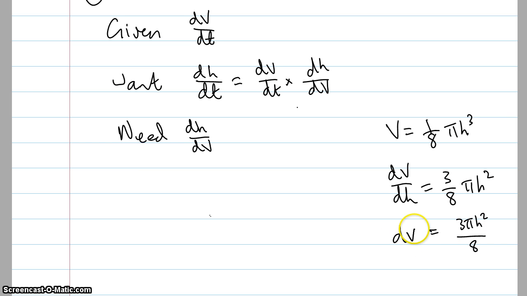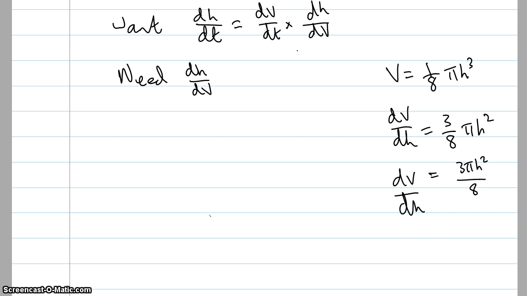Now I don't want dV/dH, I want dH/dV. So I can flip those two over. dH on dV is equal to 8 on 3 pi H squared.